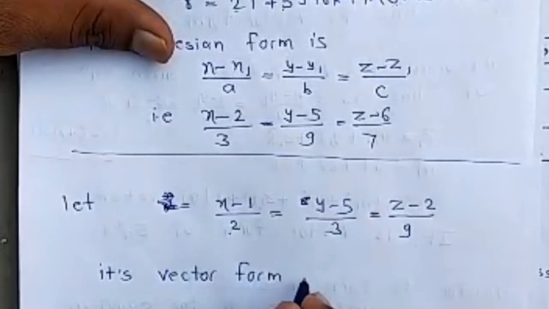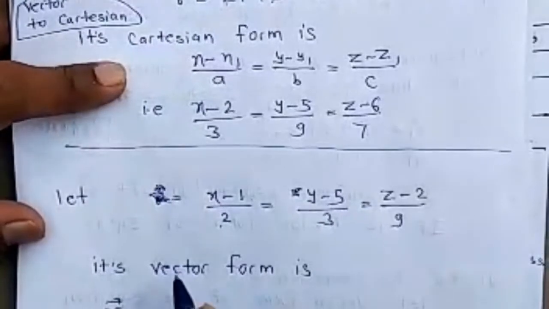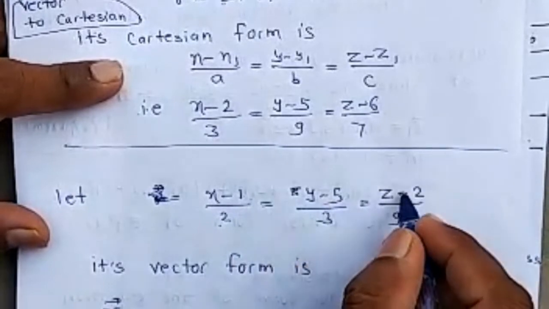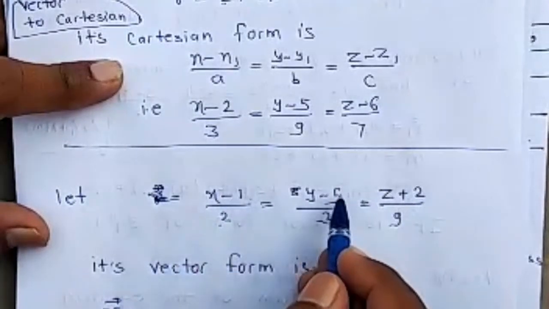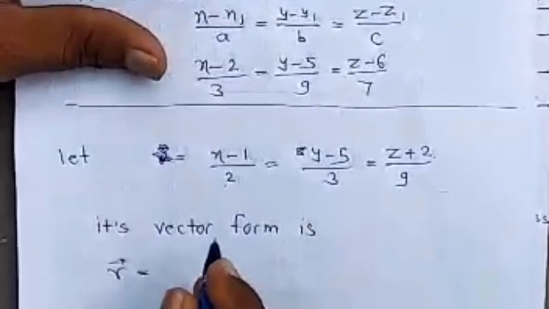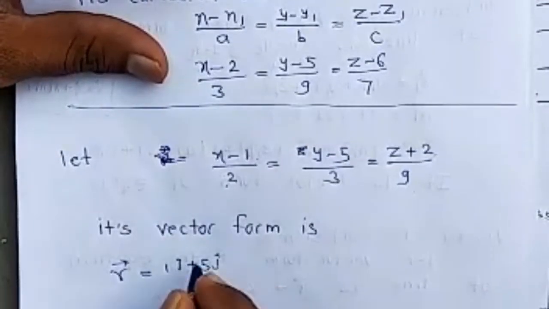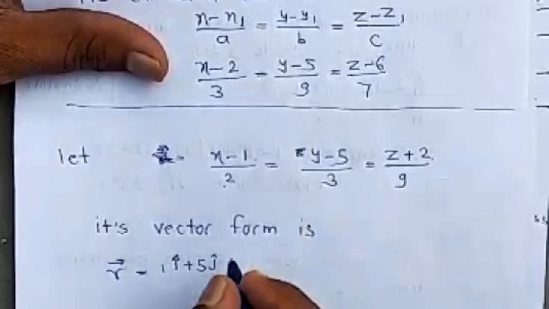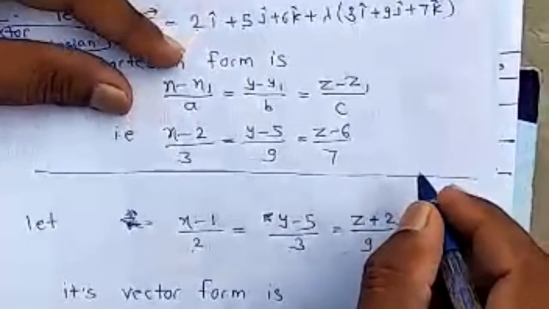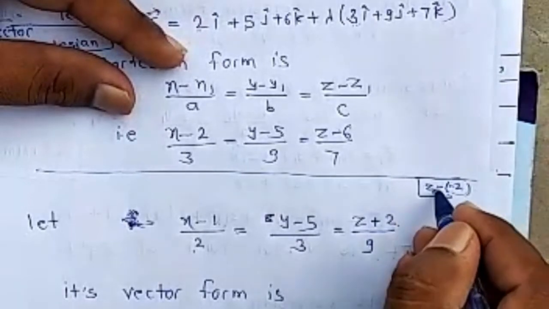r vector equal r1, means position vector of a fixed point. Fixed point are x1, y1 and z1. Then x1 is 1, y1 is 5 and z1 is minus 2. Means r1 vector is given by 1i cap plus 5j cap minus 2k cap, because we can write z plus 2 as z minus z1, where z1 is minus 2.